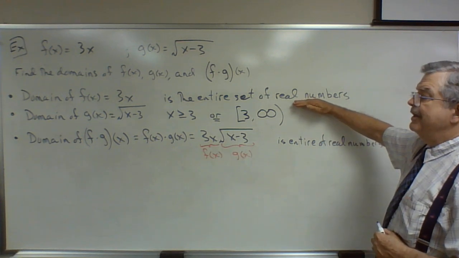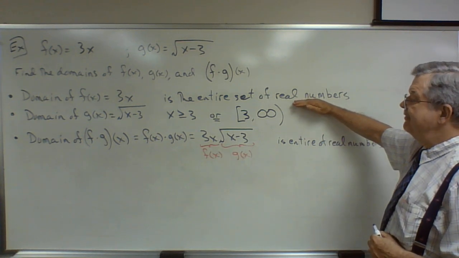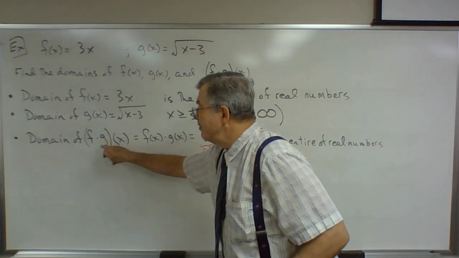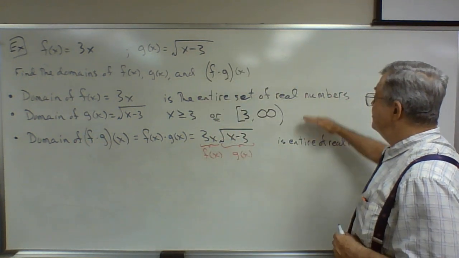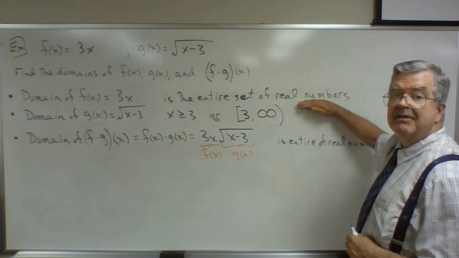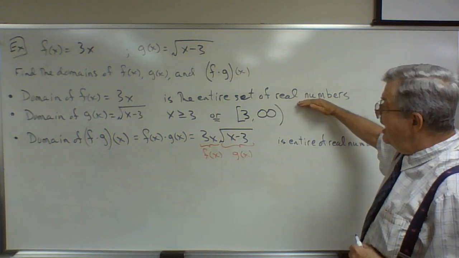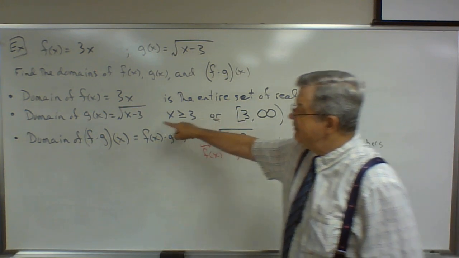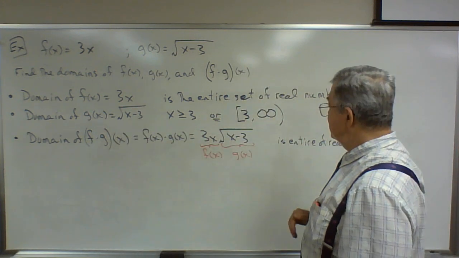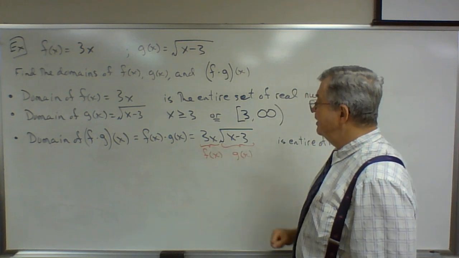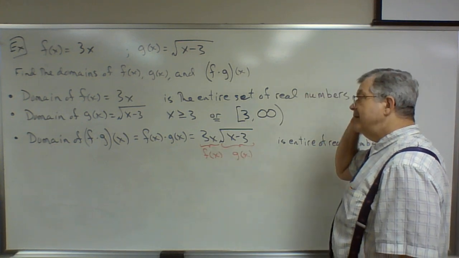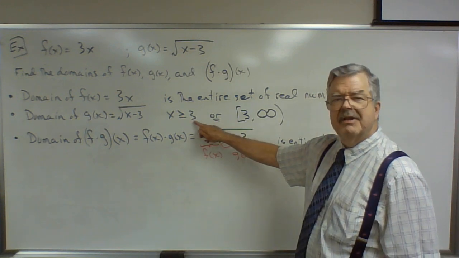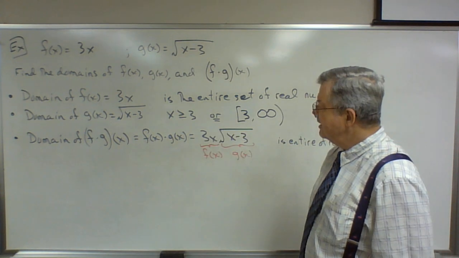Any x value that has to be excluded from f of x has to be excluded from the product function. But we don't exclude any x values from f of x. Any x values that are excluded from the domain of g of x have to be excluded from our product function. And what are we excluding? We're excluding all x values less than 3, right?